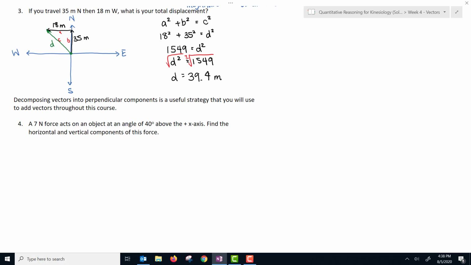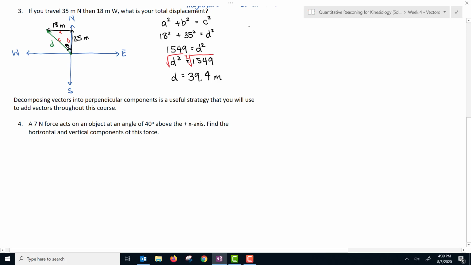Next, we need to find out what the angle is, or the direction it has. So I'm going to put in a little theta in this triangle, and the angle theta is always starting from the beginning of the displacement vector, so it would be down here. This is the angle that we're looking for.